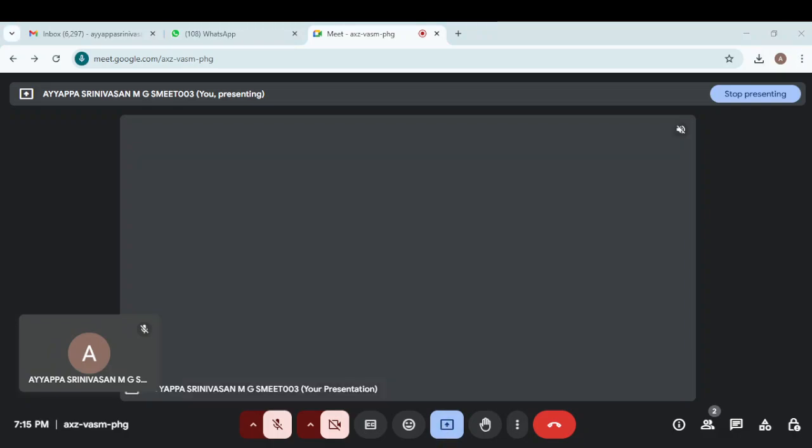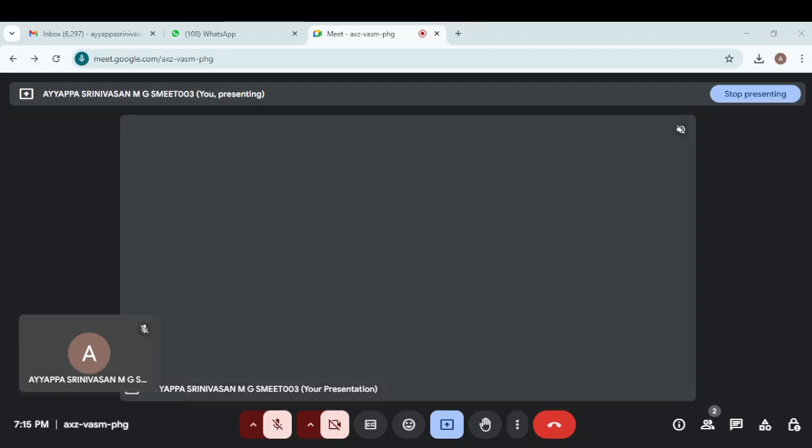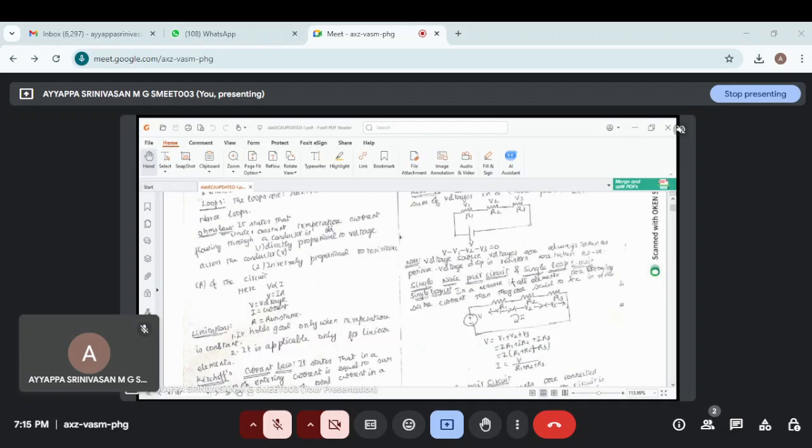Now let us go for the main thing, that is called Ohm's law. Ohm's law states that under constant temperature, the current flowing through a conductor will be directly proportional to the voltage across it.